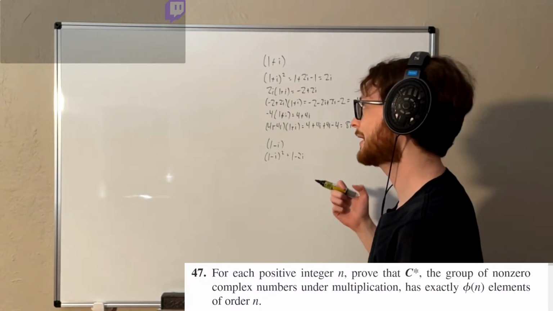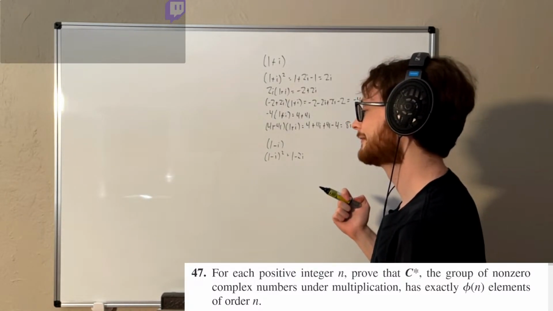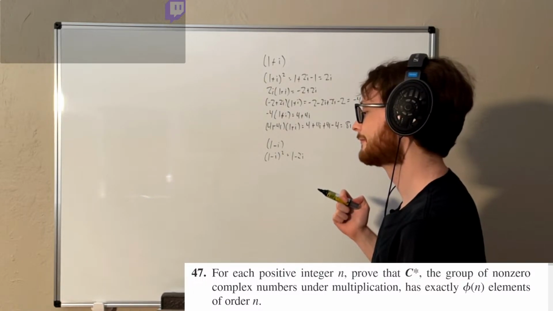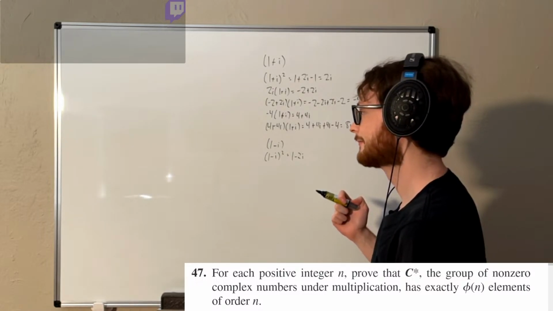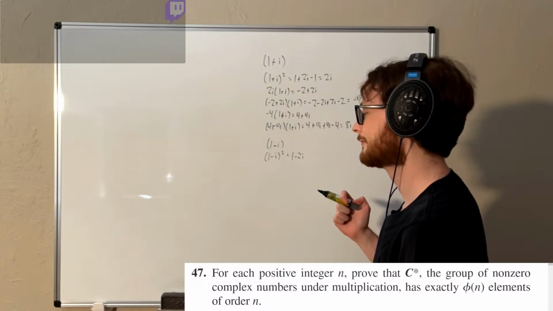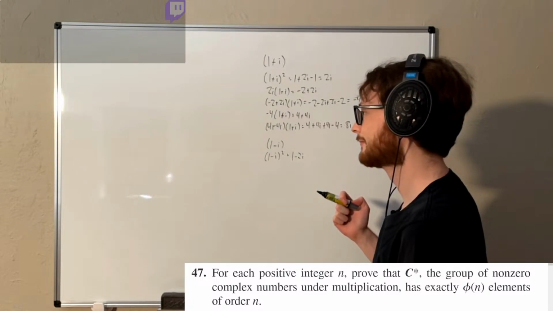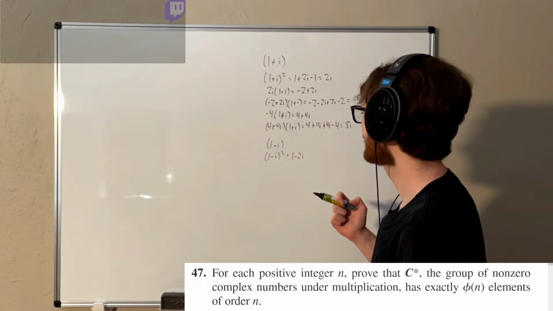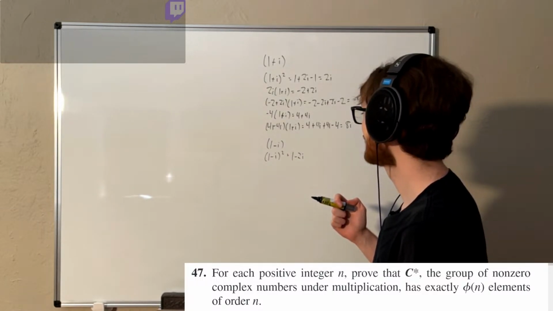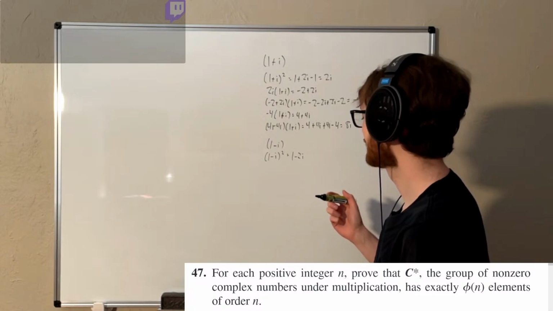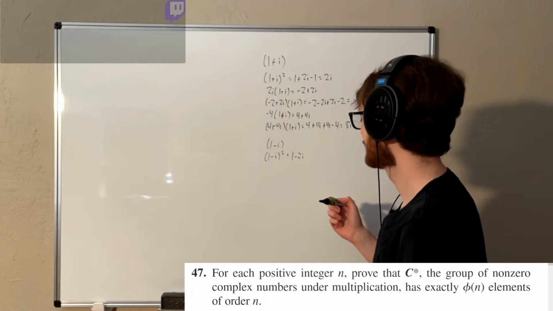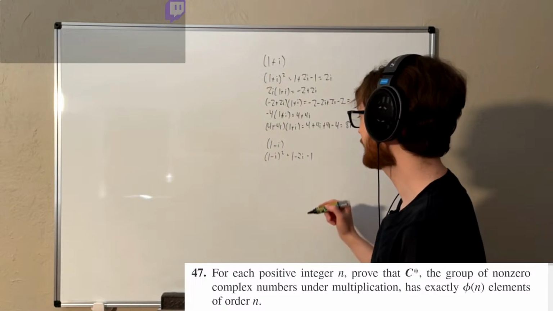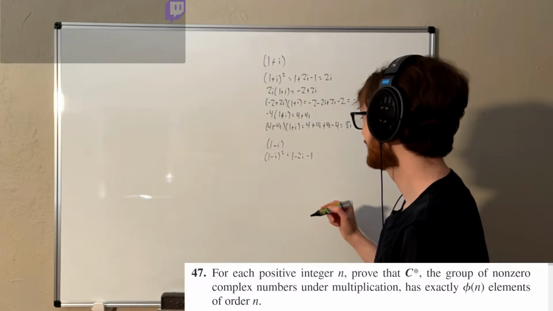Minus i times minus i. Why is that weird to me? Is that still minus 1, or is that plus 1?